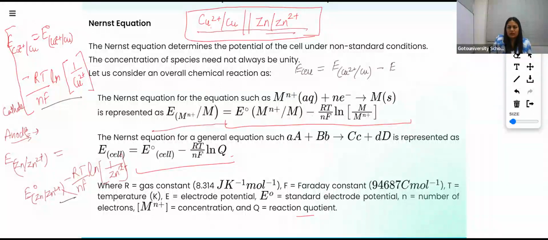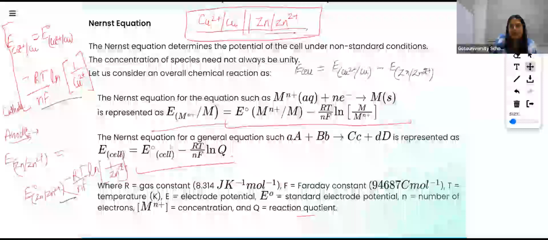This is how we were calculating it. So we are going to subtract these two equations. You can see that the RT by nF and natural log terms are common, so we can take them as common, and they are actually very easy to solve.